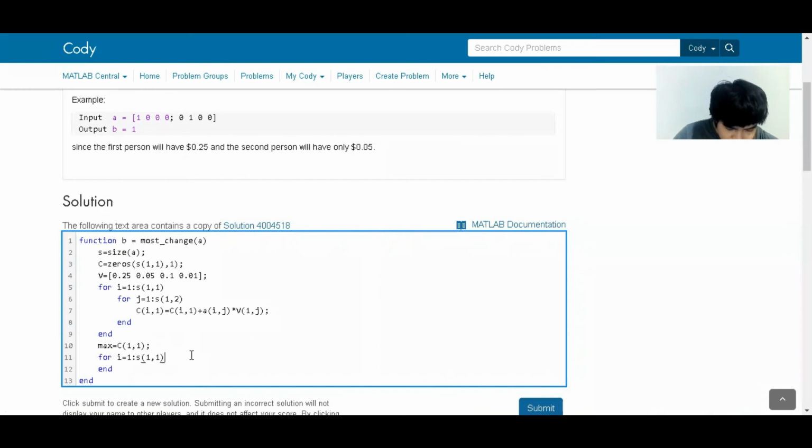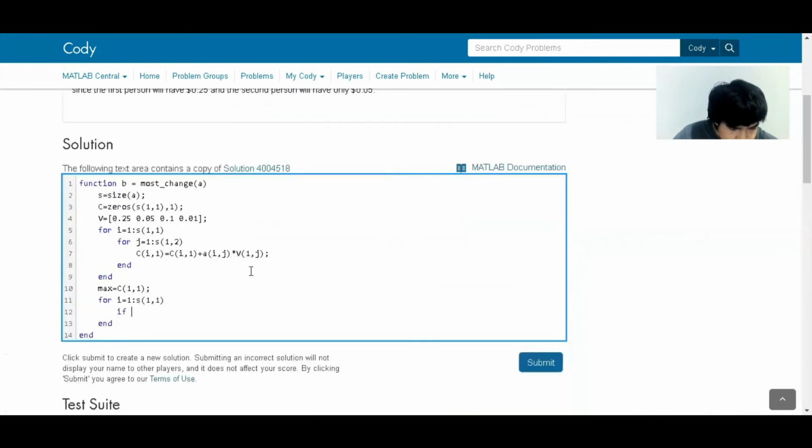And then an if the maximum value we are defining is less than the value we are evaluating, that should be like this.